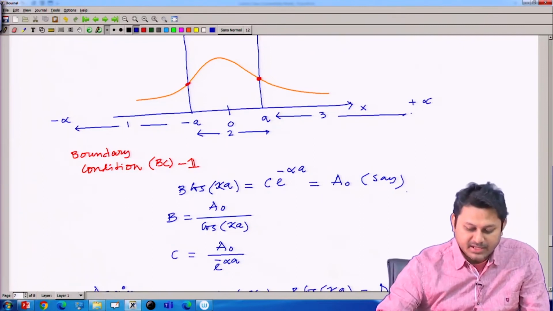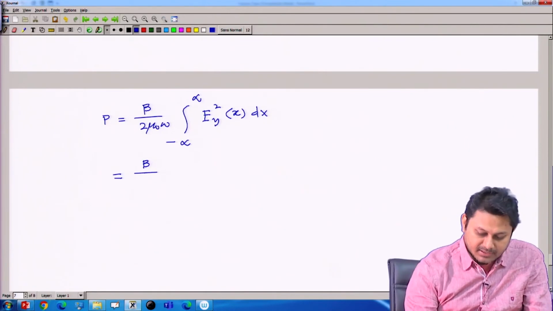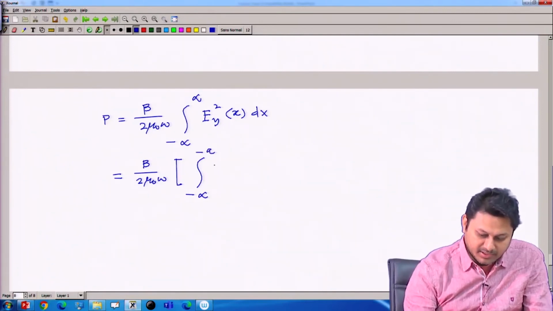So, the entire integration can be divided into 3 parts 1, 2 and 3, and let me write in bracket the integration of minus infinity to minus a as the first part.